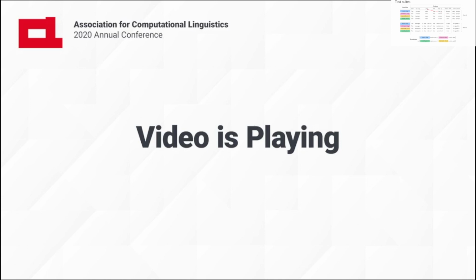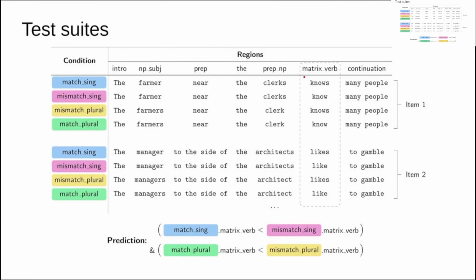Items consist of these minimally varying sentences. The sentences are broken into regions. Regions are strings of tokens for which we might be interested in measuring probabilities and surprisals. The other component of a test suite is predictions. Predictions are statements of expected relations in surprisals between regions.